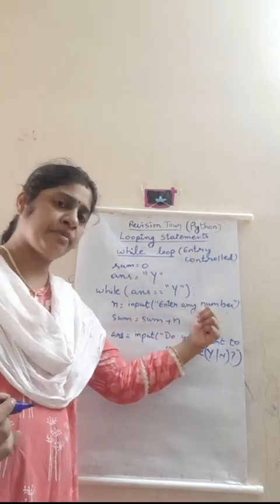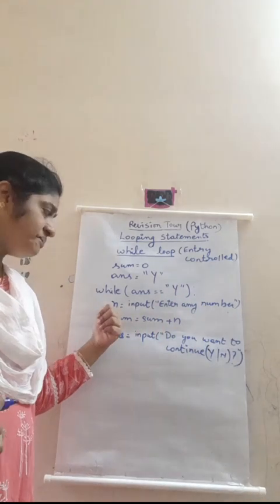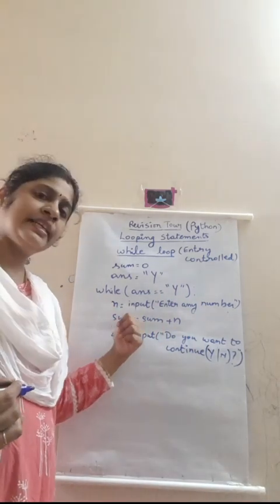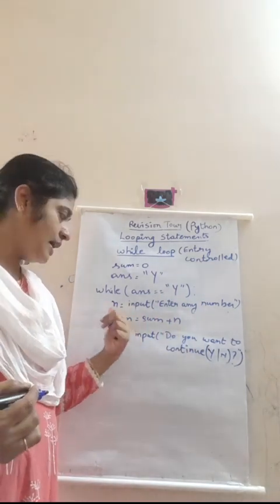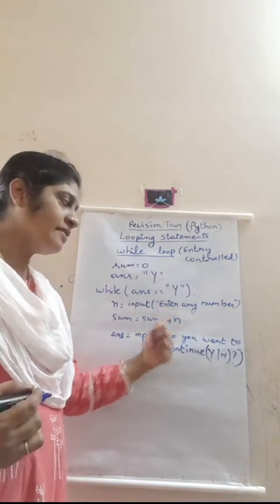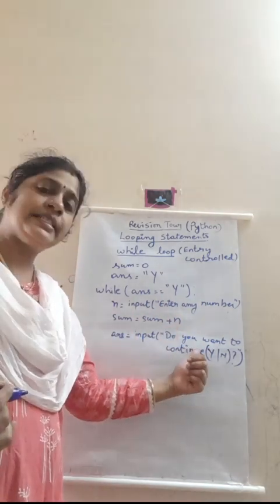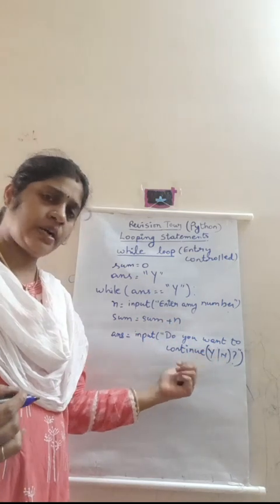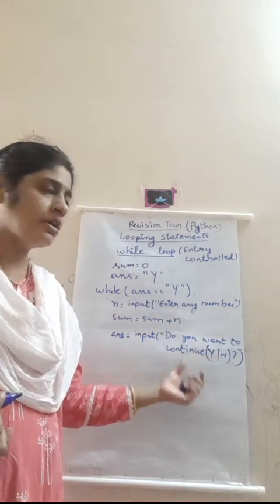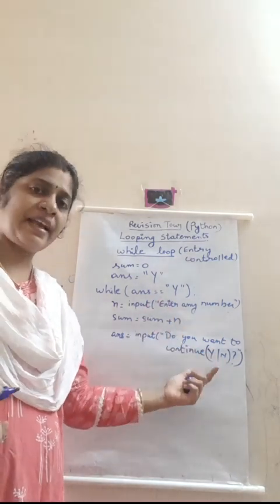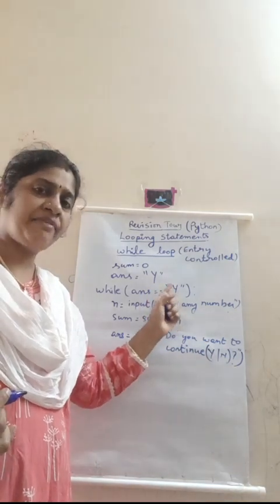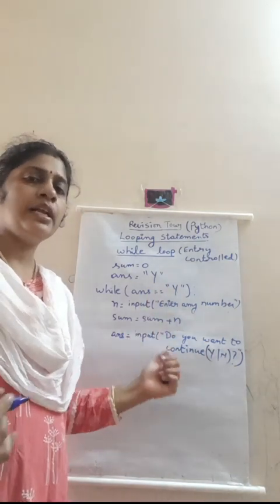Again it will take a number from the user and store it in n, and then it will get added to sum. Again it will ask, and the loop will run unless the user enters no or any other value except y. If he enters y, the loop will continue.